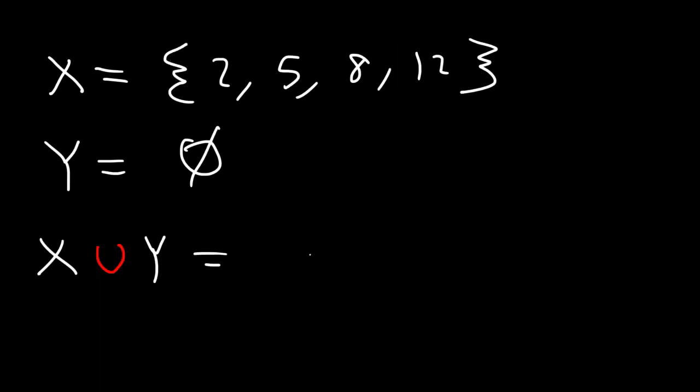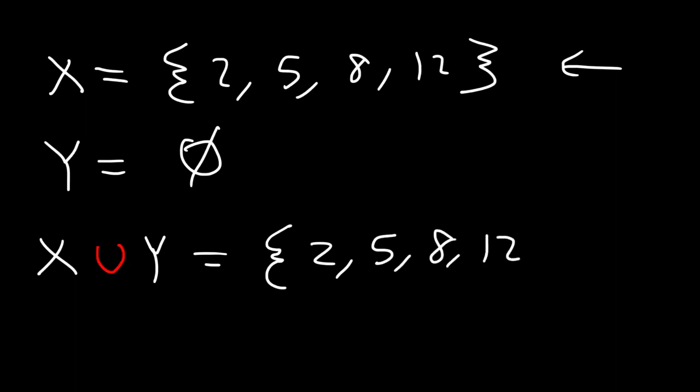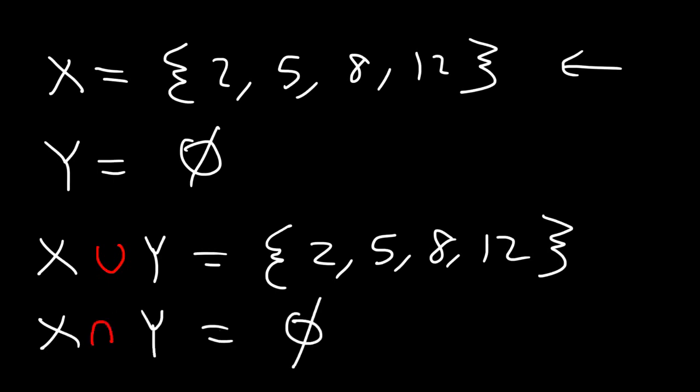So therefore, the union of set X with an empty set Y is going to be the same as set X. It's 2, 5, 8, and 12. It's not going to change. But the intersection of a set with something and a set with nothing, it's going to be an empty set. So just something to keep in mind.